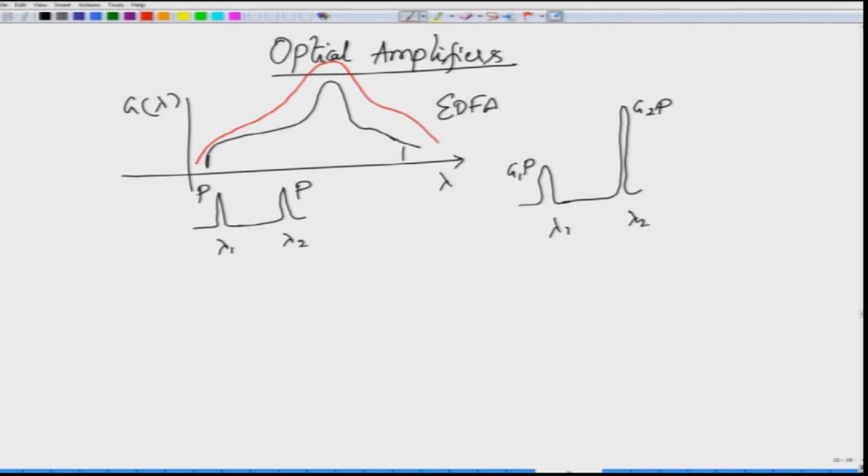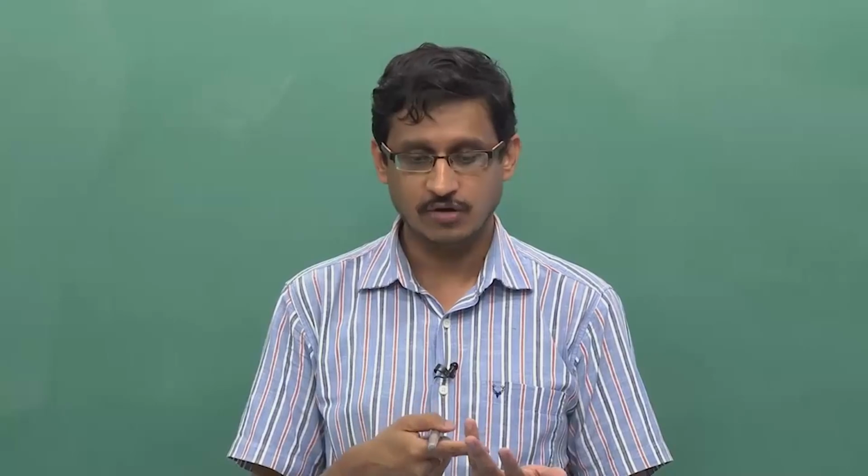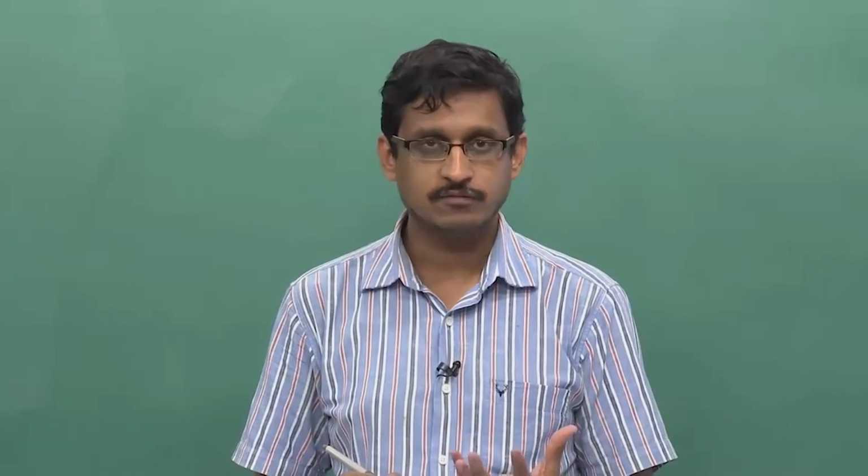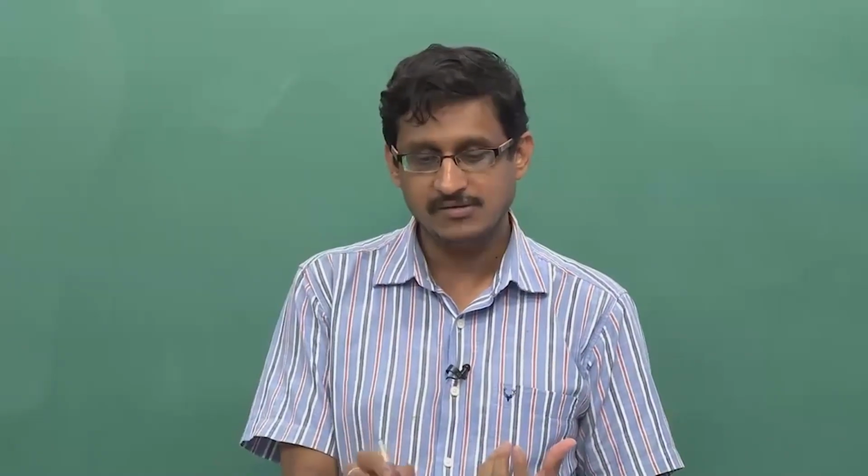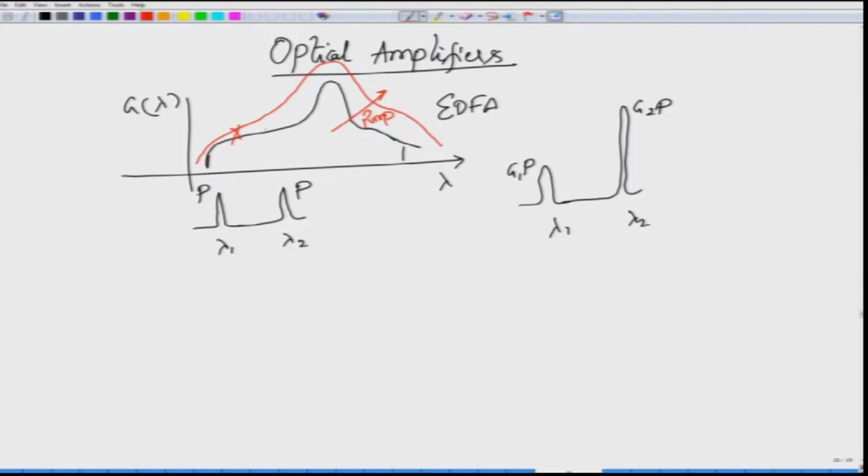The gain curve would also start to change as the pump power increases. So the gain is not just a function of the wavelength, it has also become a function of the pump power. Because of this problem, the gains at different wavelengths are not exactly the same.